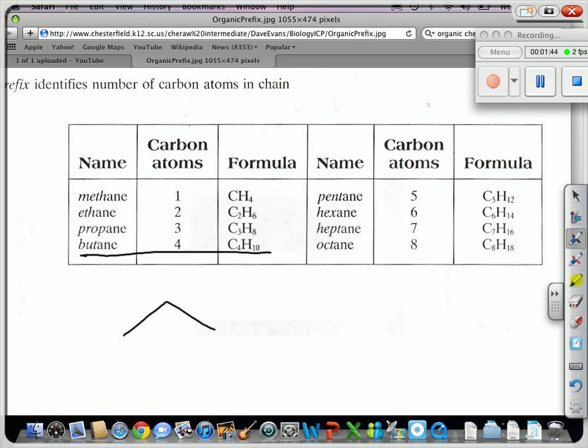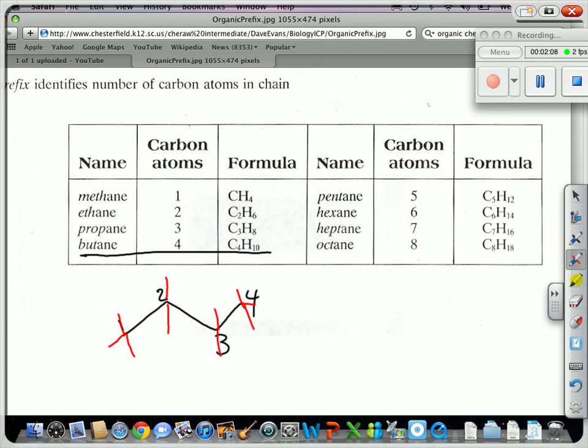I would draw it like this: 1, 2, 3, 4 carbons. That accounts for my 4 carbons. And then off of here, on the ends would be 3 hydrogens, 3 hydrogens, 2 hydrogens, 2 hydrogens. So 3, 5, 7, 10 hydrogens are then accounted for.